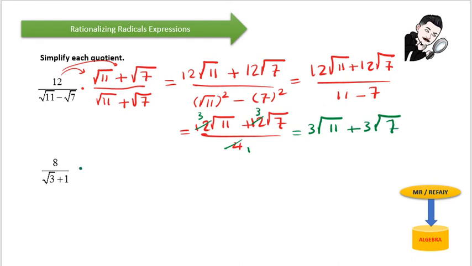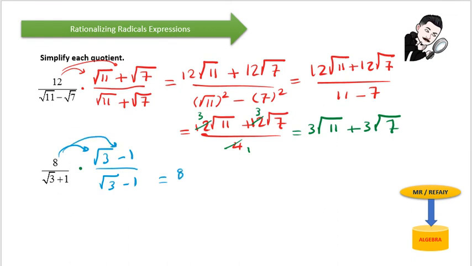Okay, try to tell me what the conjugate number is here, and I'm waiting for you now. Great. So here the conjugate of it is root 3 minus 1 over root 3 minus 1. What we have to do here, in the same way, is multiply 8 times the first and 8 times the second.